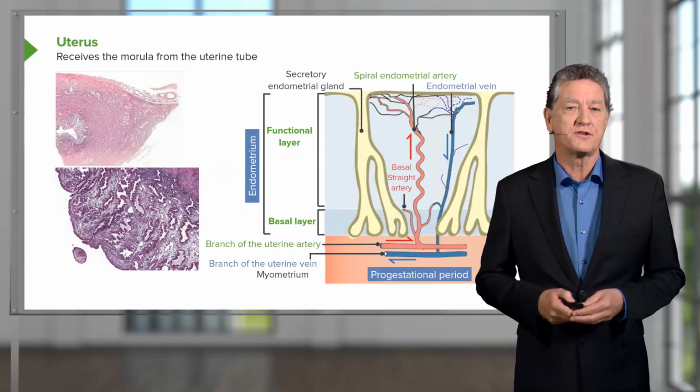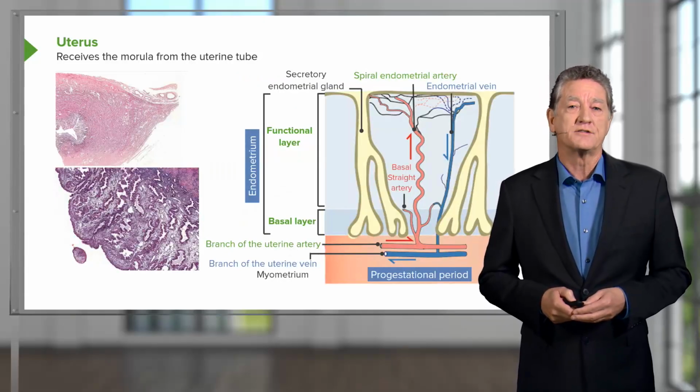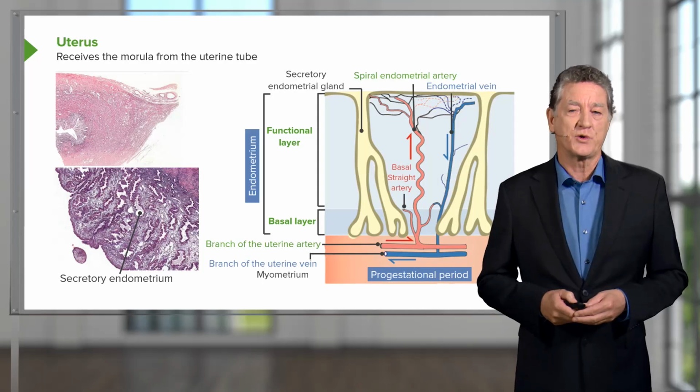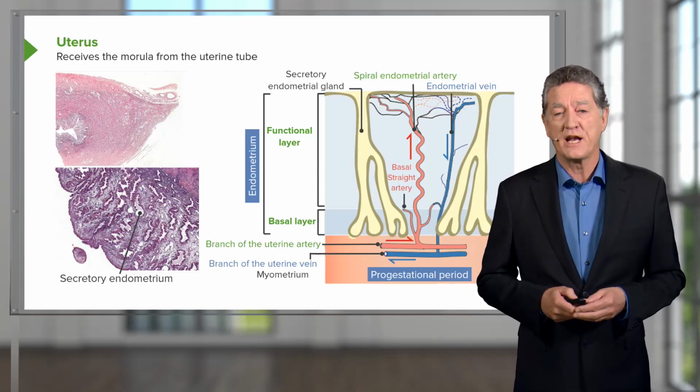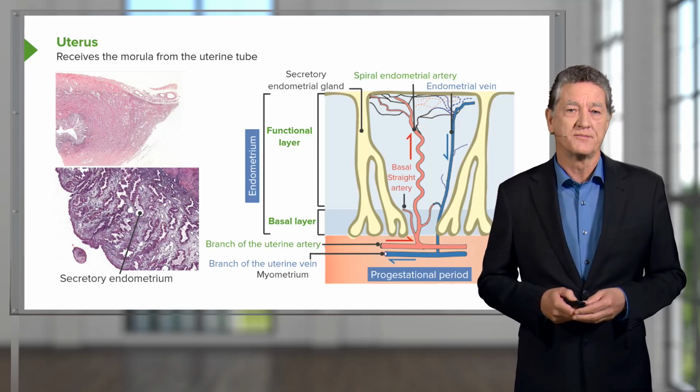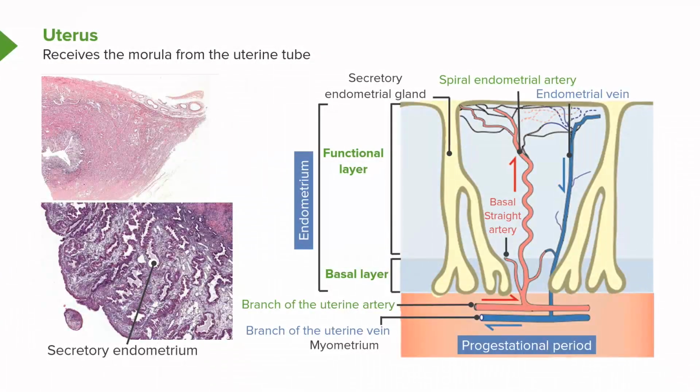I want to first describe the secretory phase, the secretory endometrium, because that is a better basis for then looking at the other stages. On the left-hand side, you can see the secretory endometrium labelled. This is the internal lining of the uterus. The external lining is the thick muscle layer you can see on the top left-hand slide.